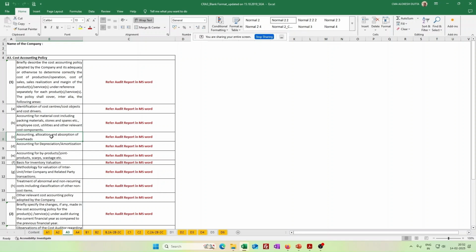Here the company writes the policy as per this format. More or less every company writes in the same direction, but to be very particular, the cost accounting policy is a very vital document for a company, because your cost record should be kept as per the cost accounting policy.